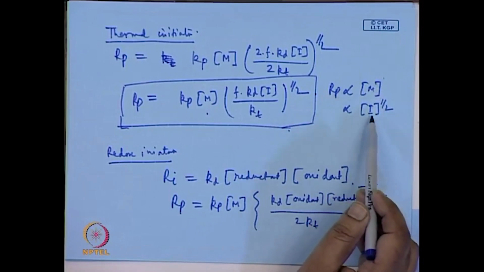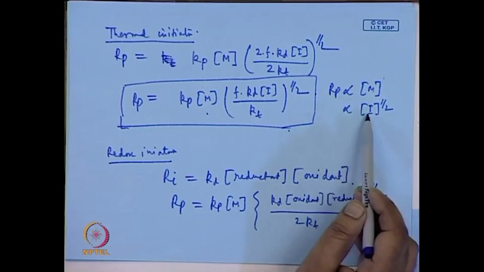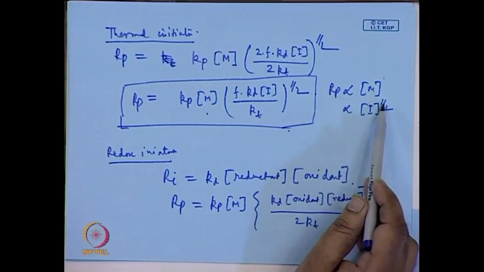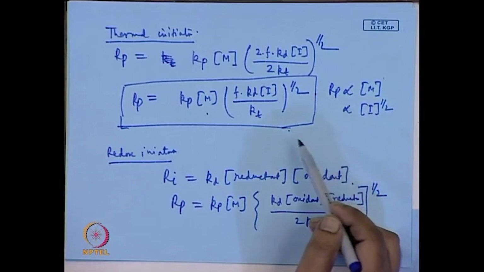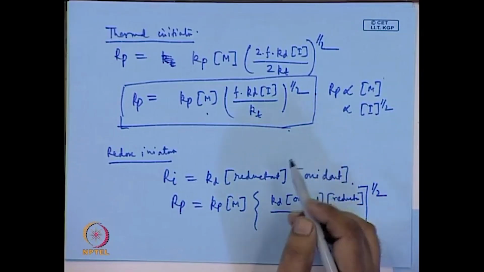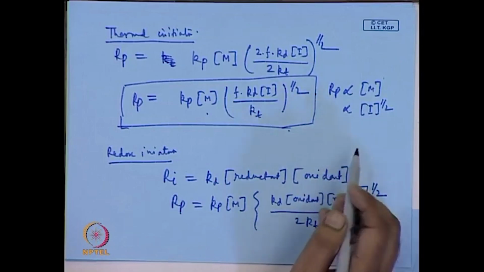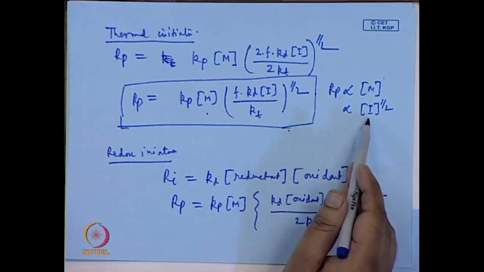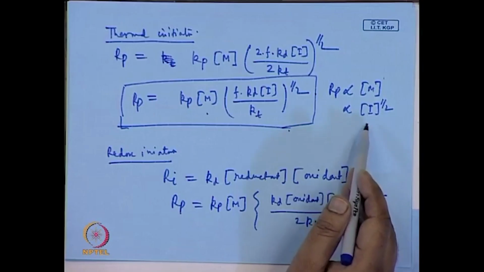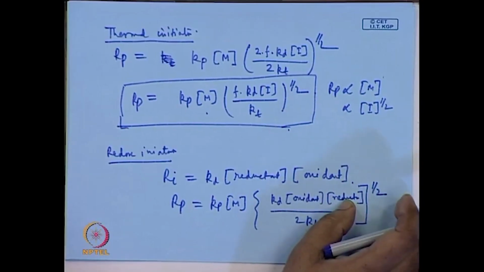Similarly, if you see that this is following even less than that, which means that some of the radicals which are produced from the initiator molecules are not taking part.